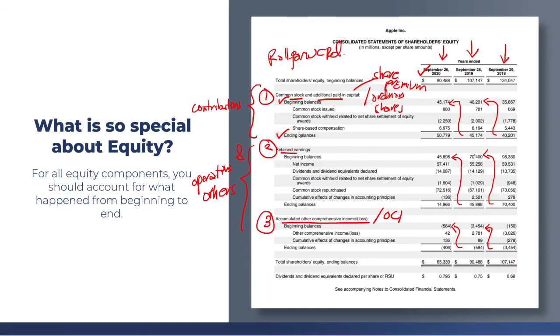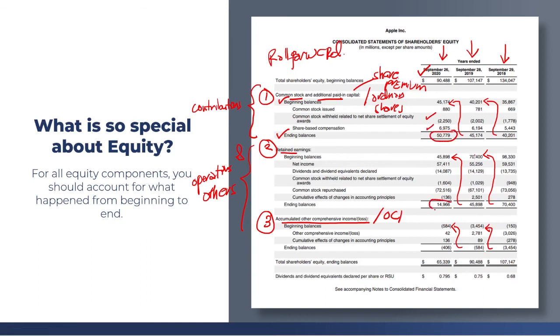So you will see that for every movement, you have to explain it. So for the common stocks, they're saying that they issued new common stock or ordinary shares for 880 million during the year. And they also have other types of movements leading up to a balance of 50 billion at the end of the year.